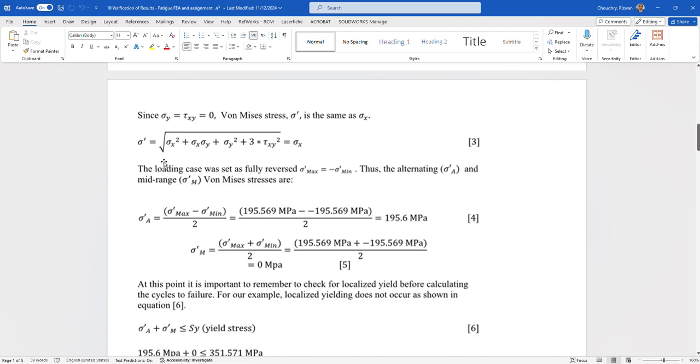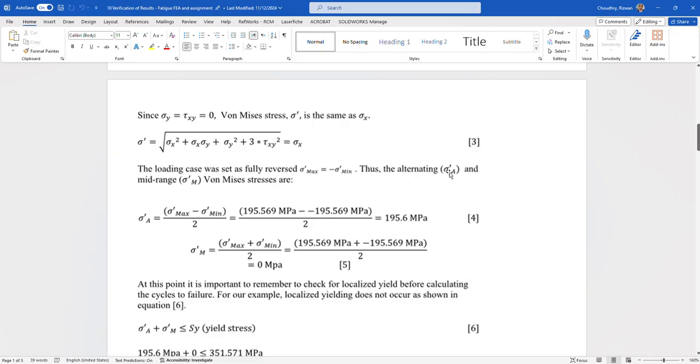Because this is a fully reversed cycle of the load, the maximum and the minimum values of the stress will be the same, just with the opposite sign.